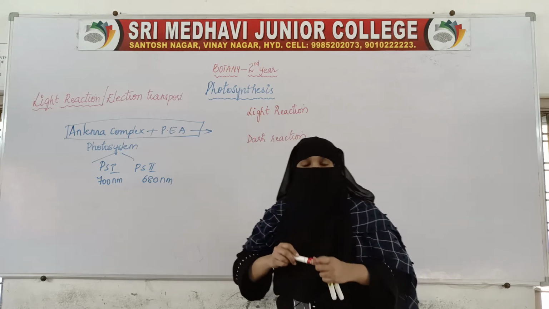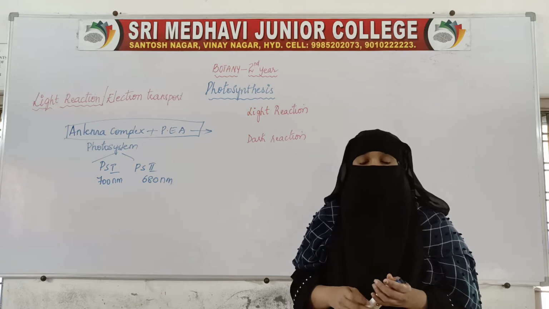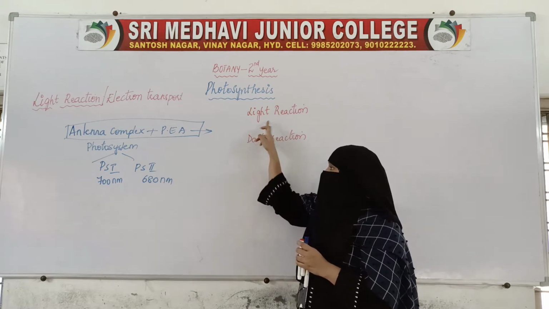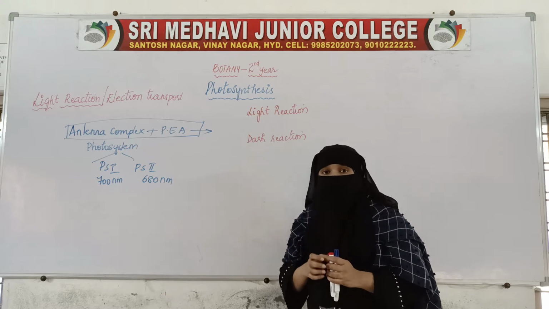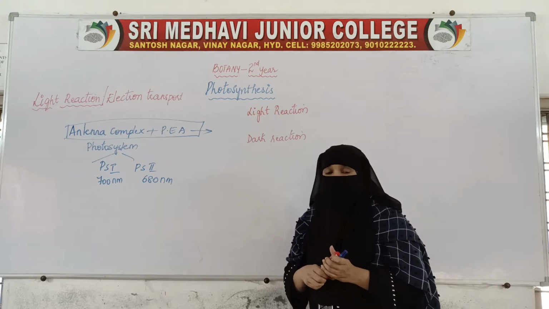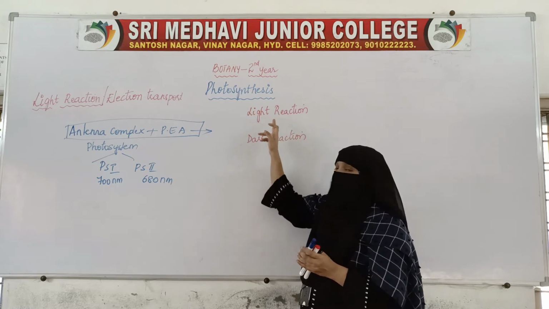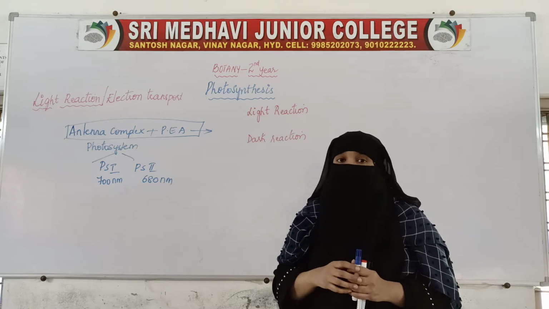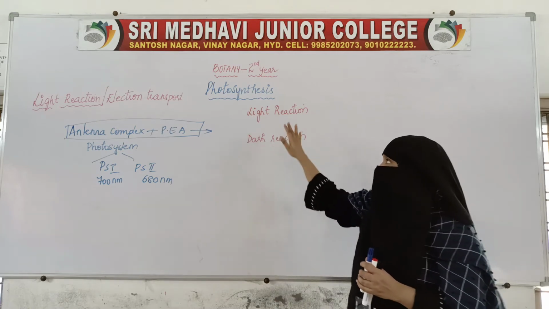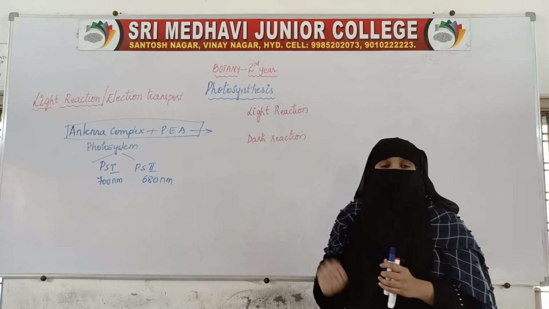This whole process of photosynthesis is carried out in two stages: the light reaction and the dark reaction. Let us see what happens in this. Why is it called the light reaction? Because this first stage of photosynthesis requires light.